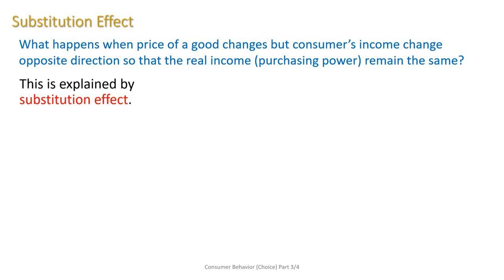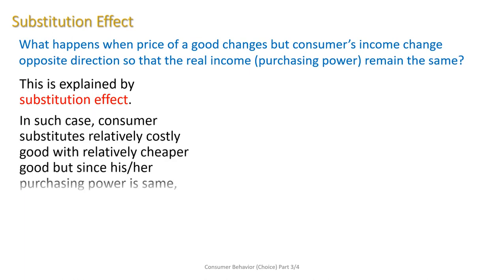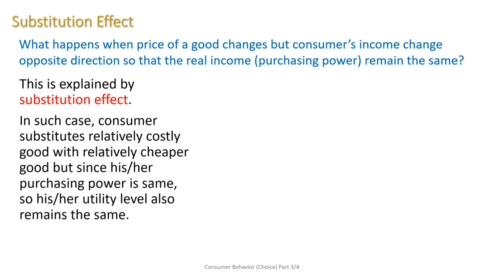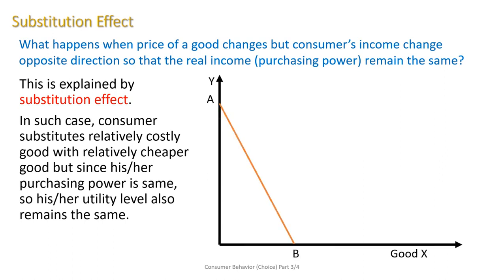So first let's look at the diagram. Initially the consumer is in equilibrium at point E1 where the budget line AB is tangent to the indifference curve. The price of the commodity X decreased. This resulted in rotation of the budget line.